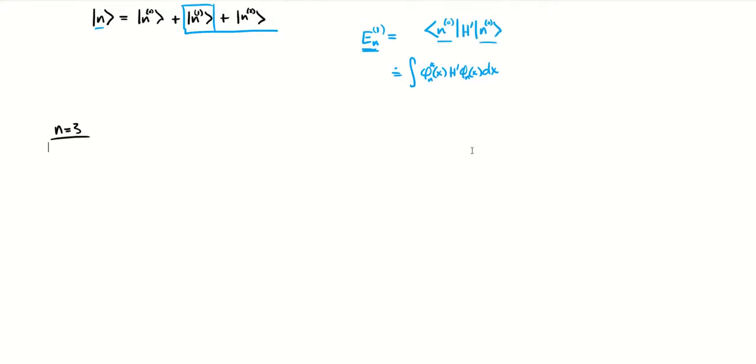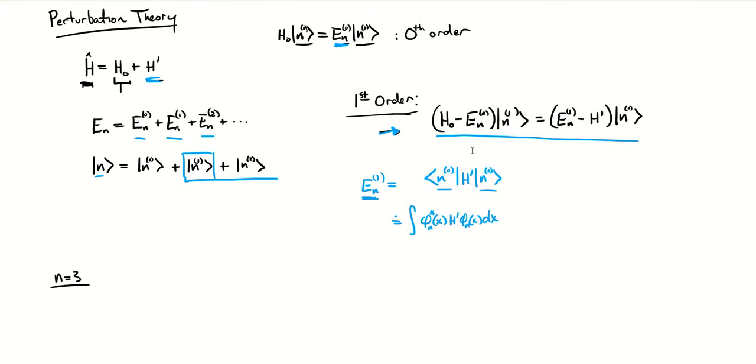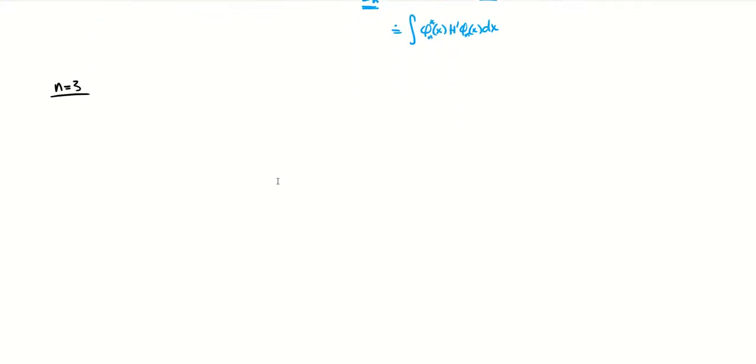So last time, in the last video, we looked at the n equals 3 state, so we're writing this equation for the n equals 3 states in matrix form. And we went through and looked at how the left-hand side of this equation can be written.